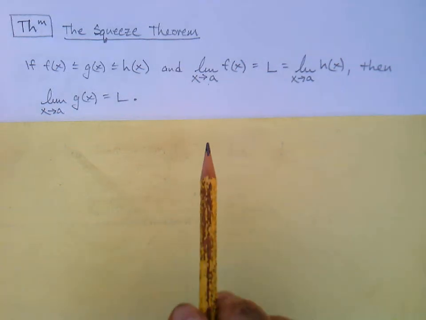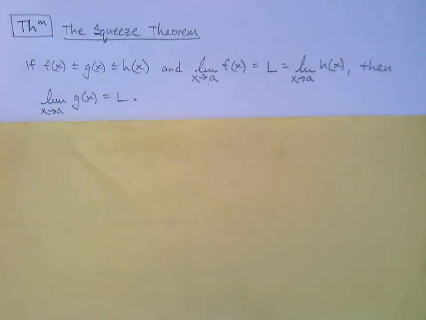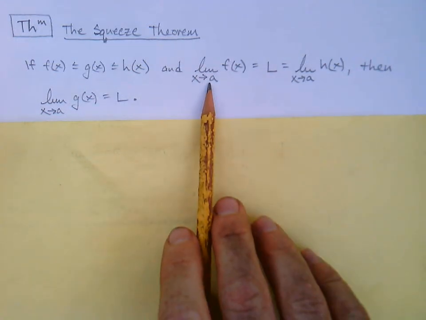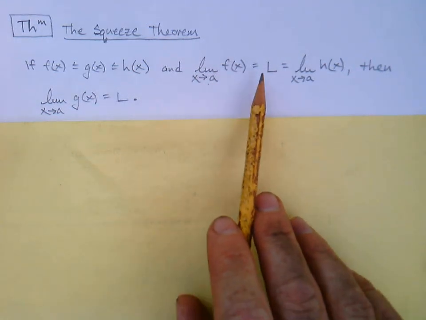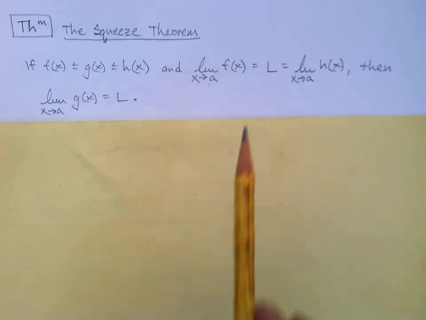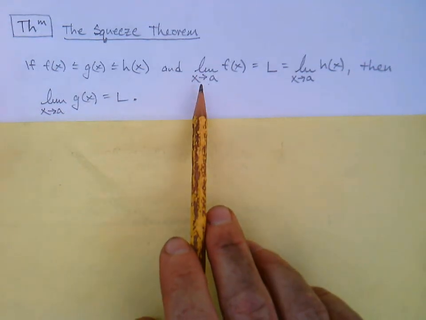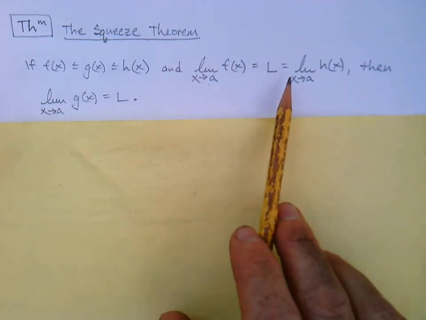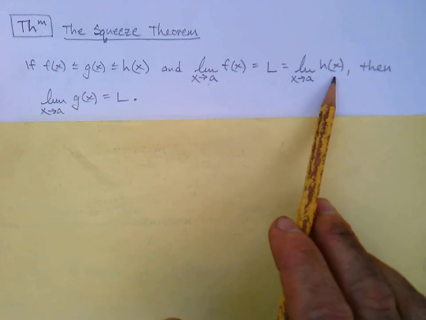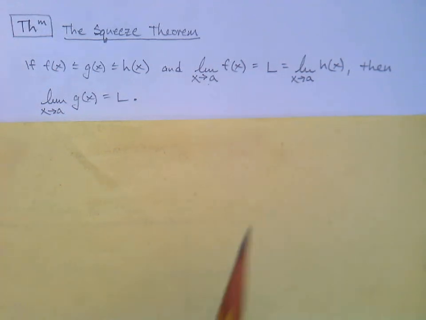And we know something about the limits of f of x and h of x. So the limit of f of x as x approaches a equals L. We would be told that in a problem. The limit of f of x as x approaches a equals L, and that equals the limit of h of x as x approaches the same value a.